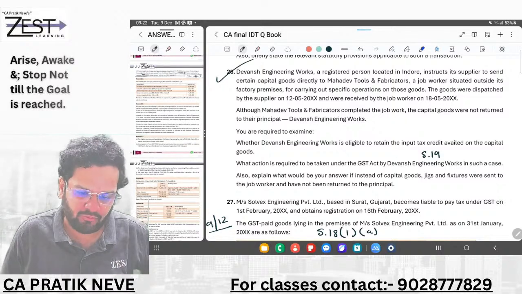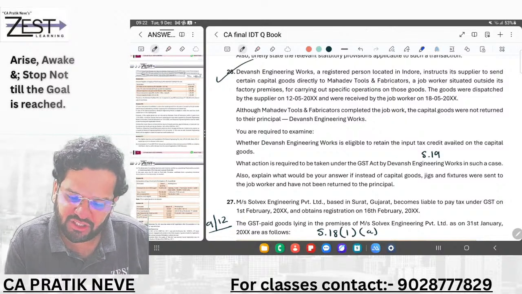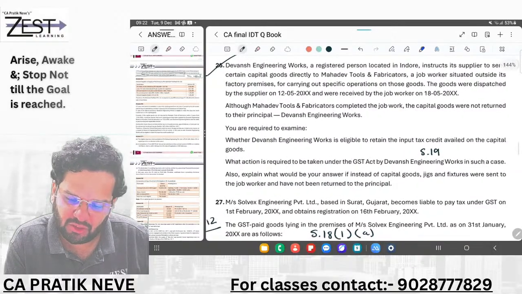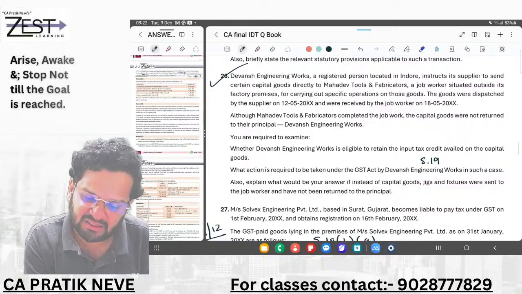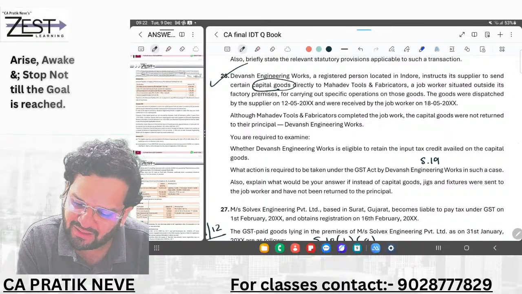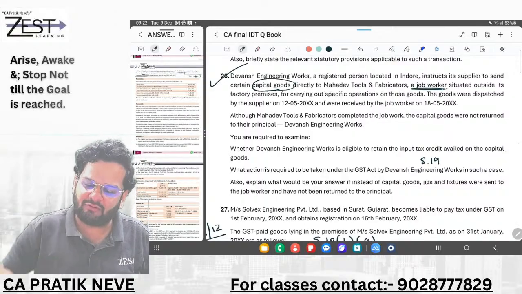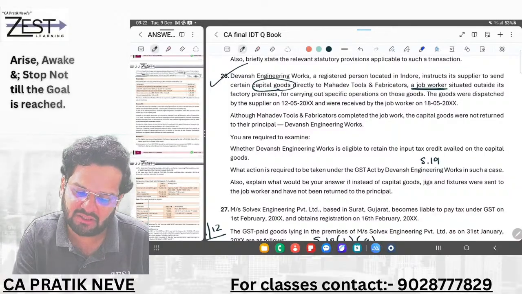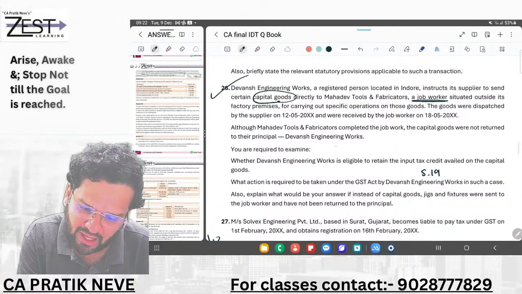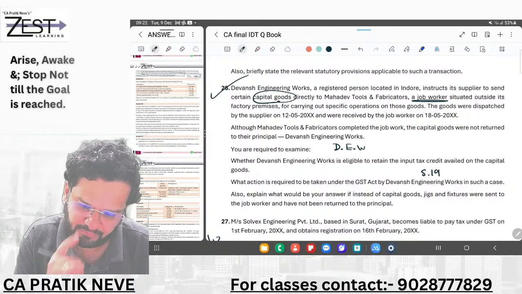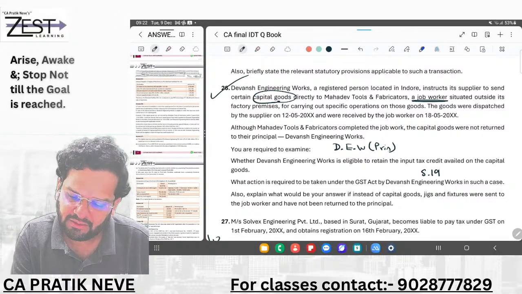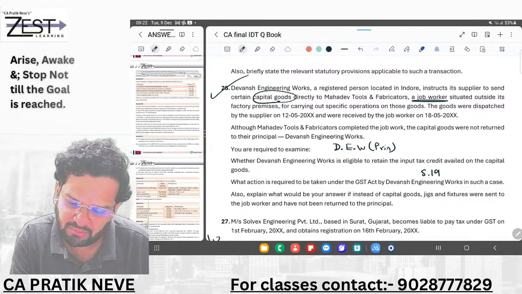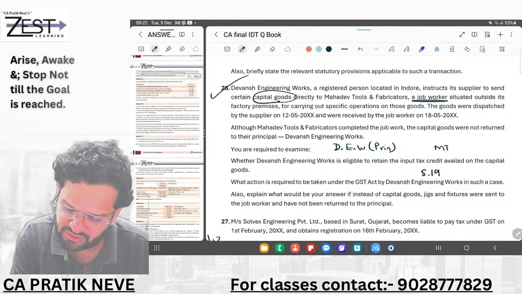See, it is for a job worker. Devansh Engineering Works, a registered person located in Indore, instructs a supplier to send certain capital goods directly to Mahadev Tools and Fabrications, the job worker. Here Devansh Engineering Works seems to be the principal, and there is a job worker whose name is Mahadev Tools.